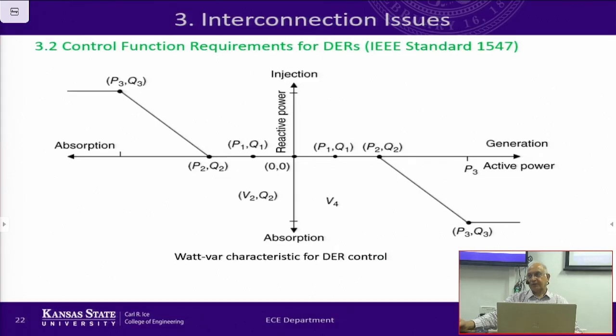You absorb because if you generate more reactive power, it's going to boost the voltage, and you want to bring the voltage down. That's why you have to absorb reactive power. So this is the watt-var mode.